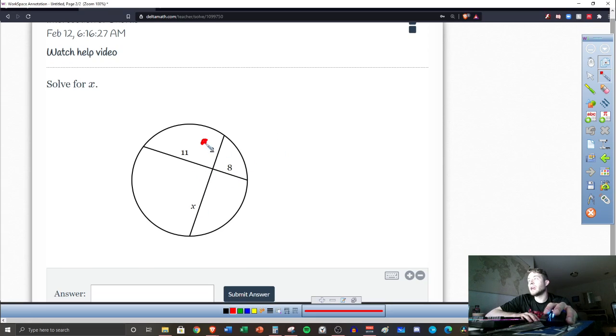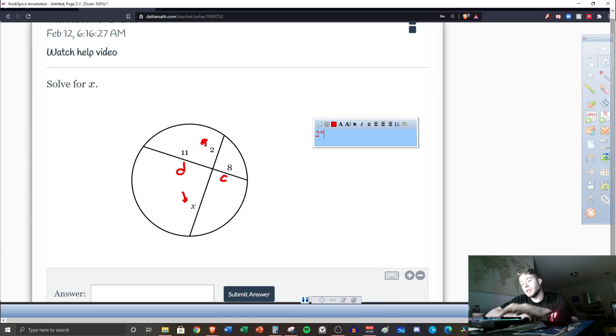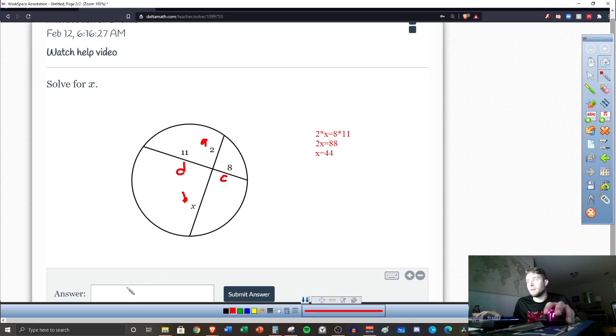If we label this A, B, we call this C and D, we can multiply them. We're going to do 2 times X equals 8 times 11. That gets us 2x equals 88, which gives us x equals 44. So my answer should be 44.